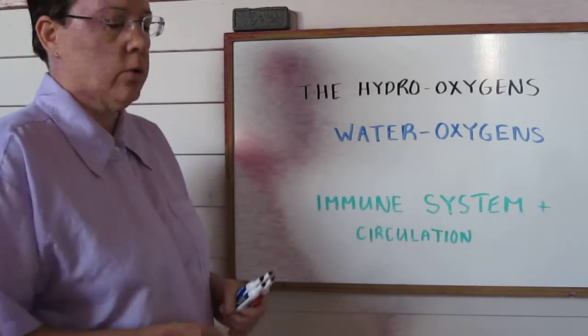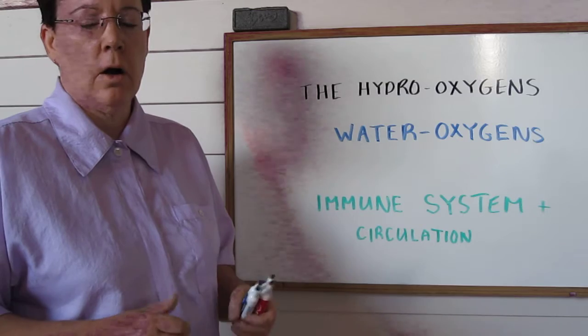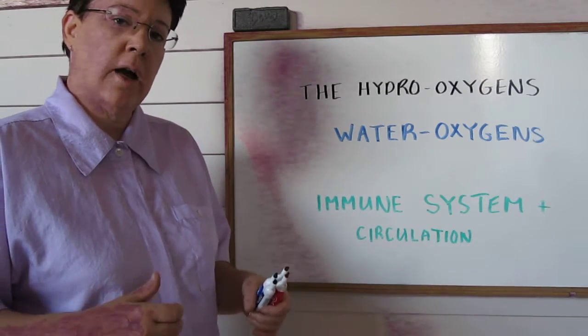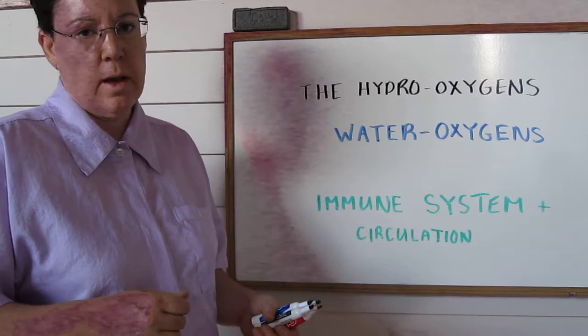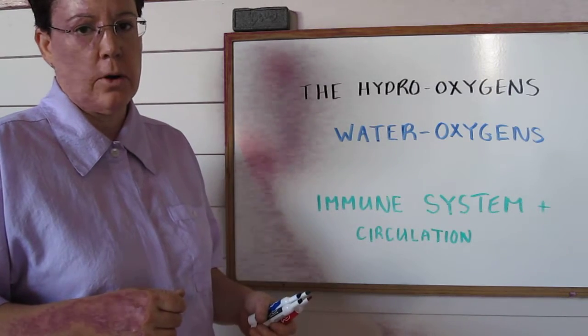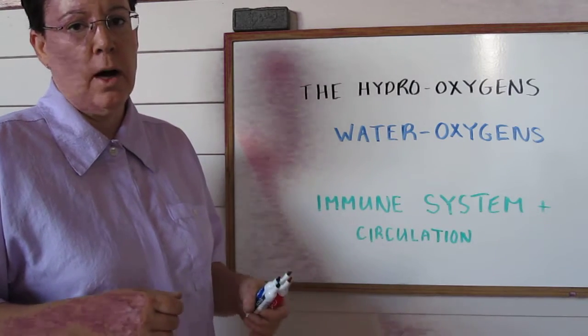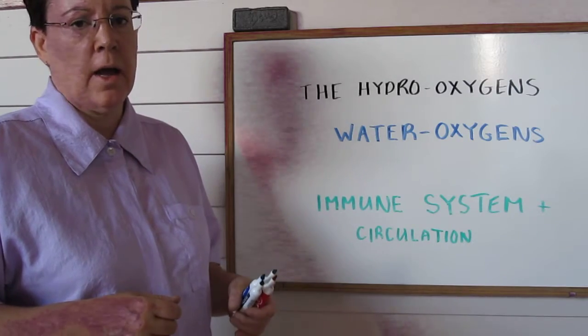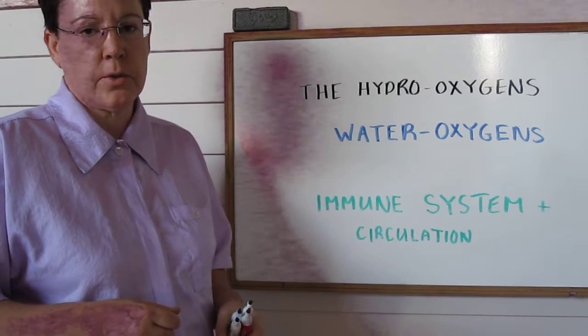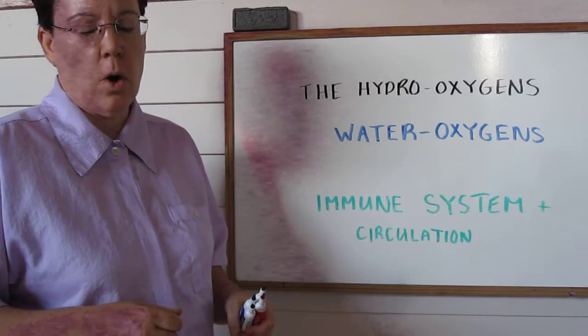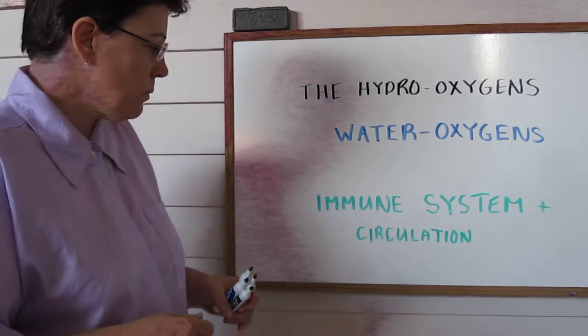There's a whole group of them, and they are combinations of hydrogen and oxygen in just about any way you could play with them on a sheet of paper, up to 2 oxygens. And they are infinitely soluble in water, so this is why they're called the water oxygens.